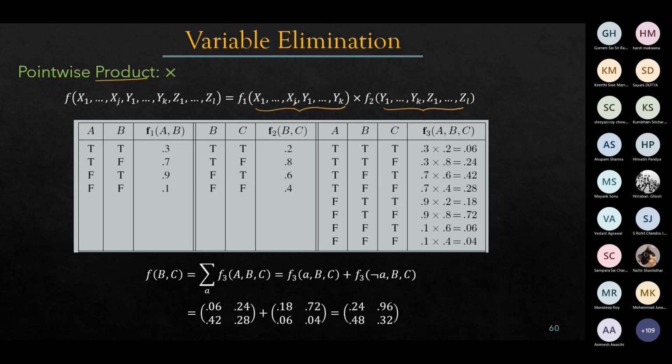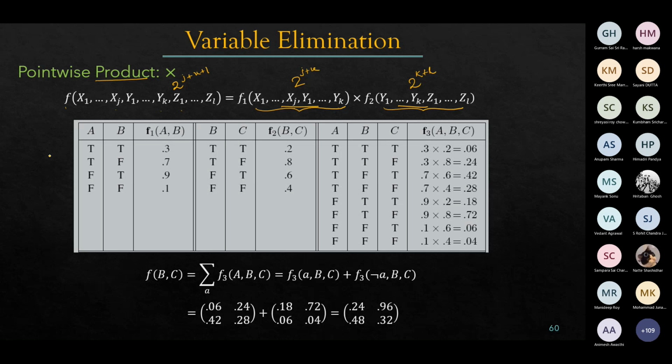Now, if we perform the product of these two factors, the output factor will have the variables that are the union of these variable sets. So the union of these two variable sets is x1 to xj, y1 to yk, z1 to zl. So what does that mean? Here we have, say, 2 to the power j plus k assignments. Here we have 2 to the power k plus l assignments. As output, we'll be getting 2 to the power j plus k plus l assignments.